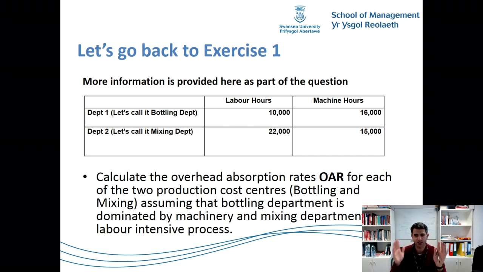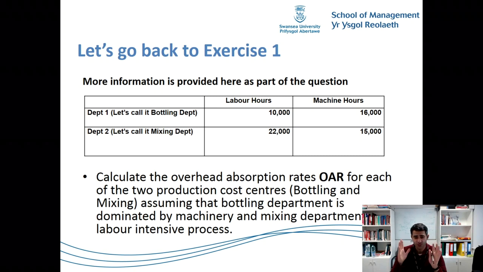That's not the case. So we are left with two methods, number of machine hours and number of labor hours, and of course we need to use both of them. For department 1, the bottling department, we use number of machine hours because more machine hours are used. However, for the mixing department we use labor hours.